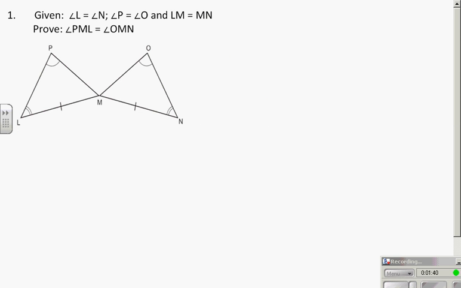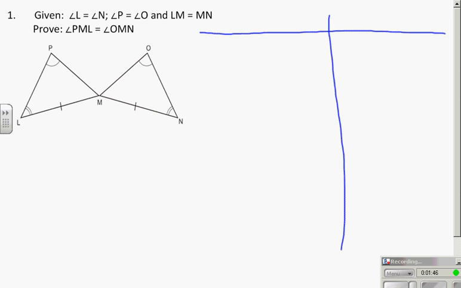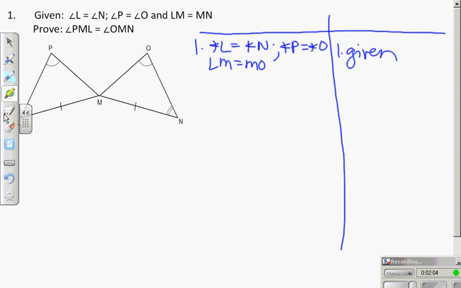On to some proofs. Each of these proofs is a matter of piecing together the information. So we always write our given, mark our picture, and see what we have. Now I want to prove angle PML equals angle OMN.